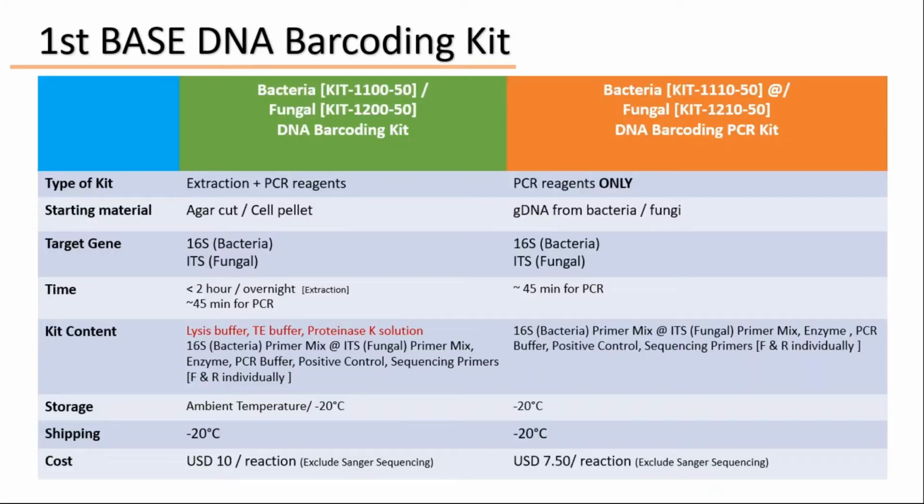Let's see what the content is in the First Base DNA barcoding kit. As you can see from the slide, the green part is the complete kit that I mentioned just now, which includes the extraction and the PCR reagents. Basically, the customer just needs to send us the agar gel or cell pellet to kickstart this kit.